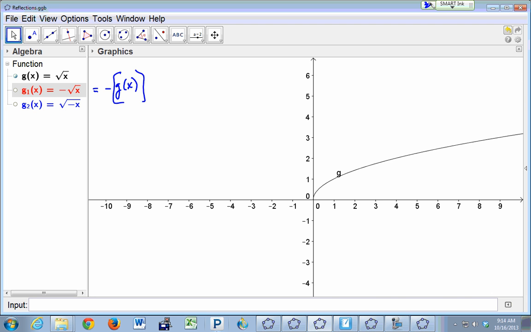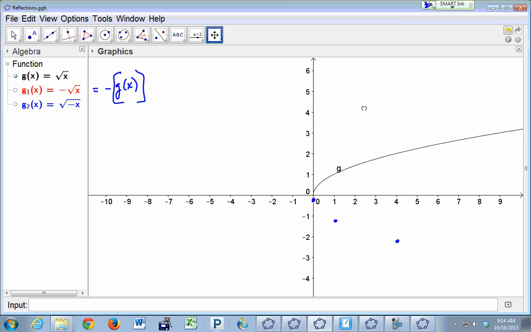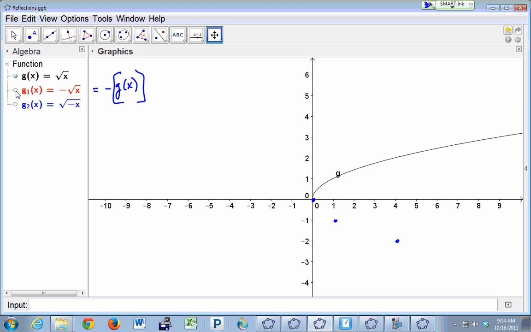Here's g of x. I've already performed the function, and now I'm going to take all those y values, all the outputs, and make them the opposite. So for exactly the same x value, I now get the opposite y value. There's the reflection right there.